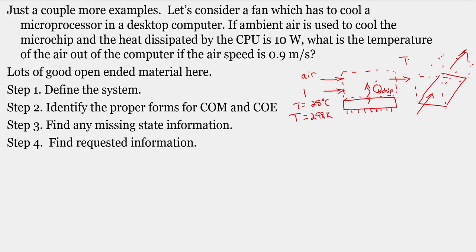We're asked what the exit state temperature is, so that's what we're trying to find. So we know that's an unknown. And we're given the heat transfer is 10 watts on a rate basis. We're also given that the speed of the air into this de facto heat exchanger is 0.9 meters per second.